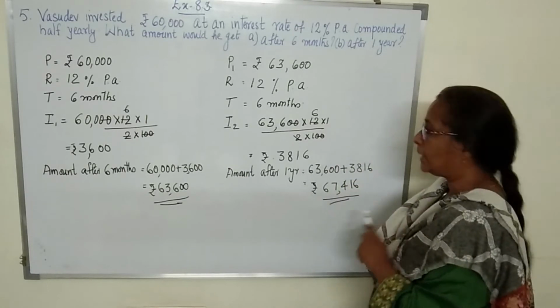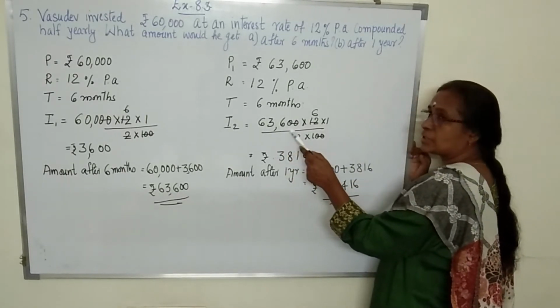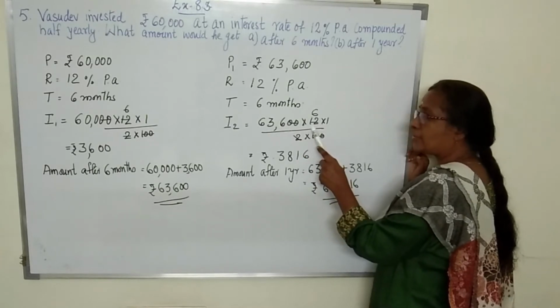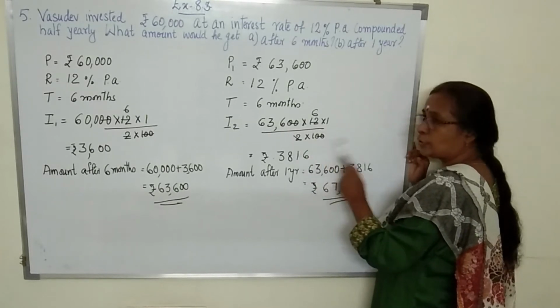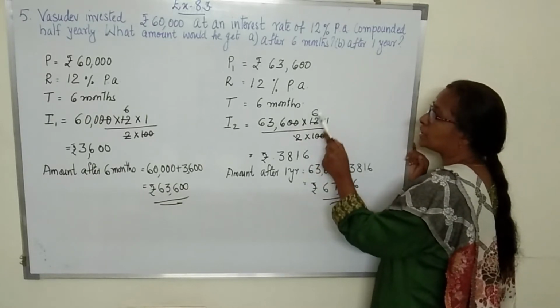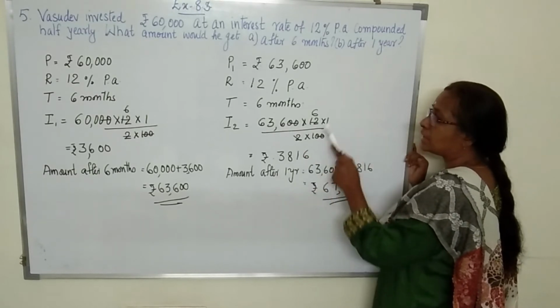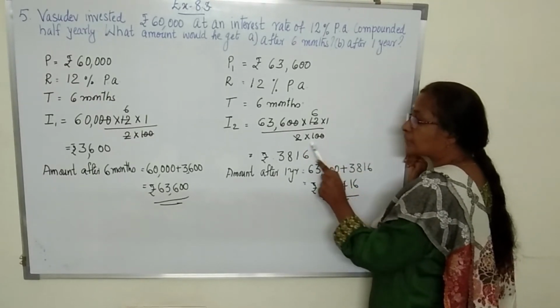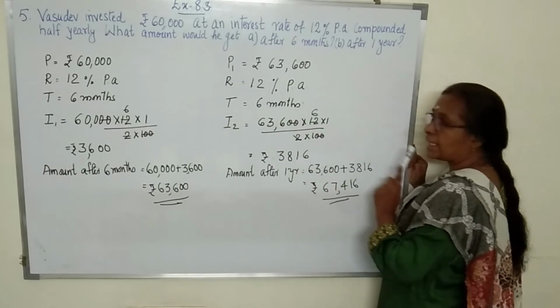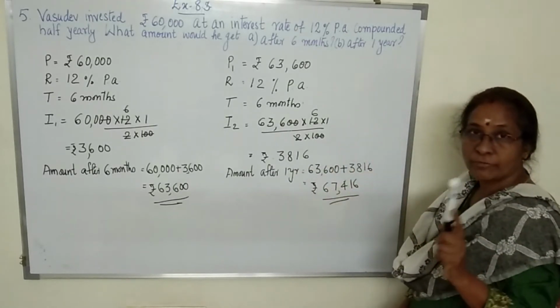Second one is here. So when we do the calculation, 63,600 multiplied by 12 into 1 upon 2 into 100. So this 200 gets cancelled. 2 sixes are 12. So when we multiply 636 by 6, we get 3,816. So this is the interest at the end of 1 year.